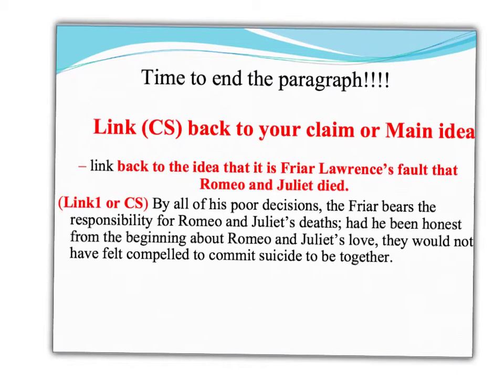Had he been honest from the beginning about Romeo and Juliet's love, they would not have felt compelled to commit suicide to be together. So as you can see here, the link went all the way back to the M, the main idea, or TS of this long paragraph. And it is a long paragraph.